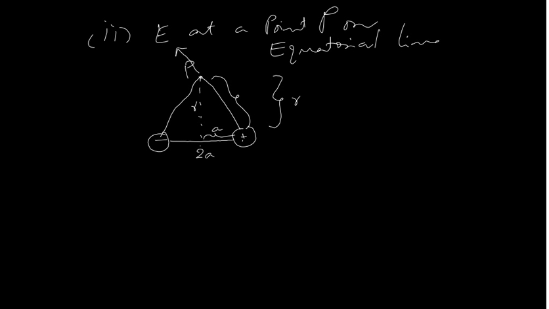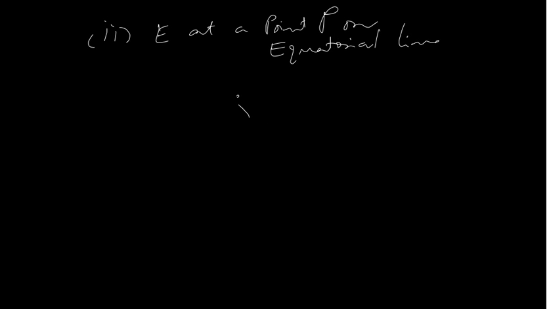Understood? Not understood? If you look at the diagram in the textbook, he has taken minus q there. Shall we take minus q without having a problem? So let me take minus q, otherwise you'll get confused.